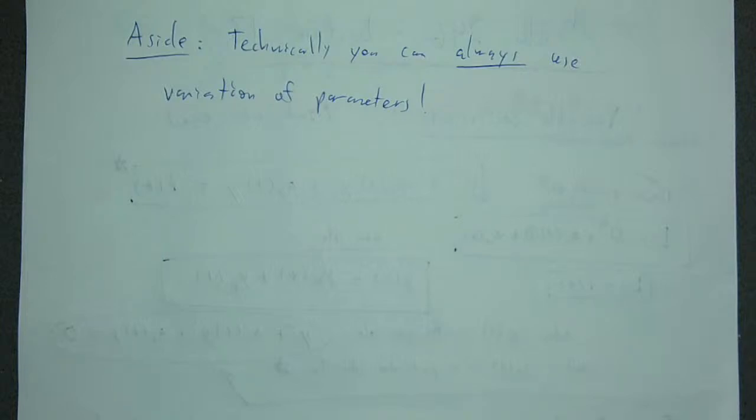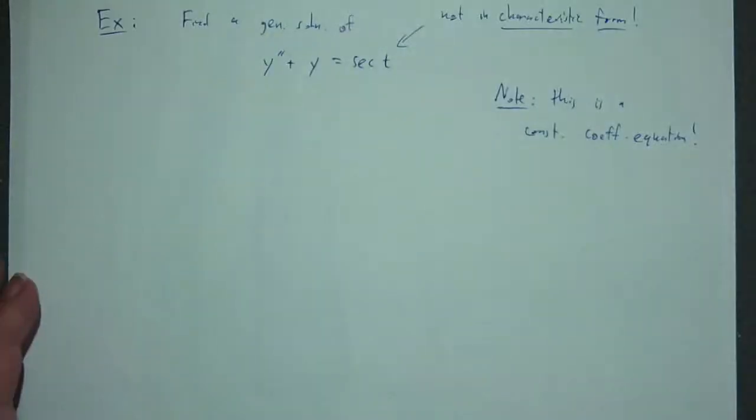It's like if you see how something factors, clearly that's better, that's quicker, but the quadratic formula will always work. So even though it might take you longer, it will always work. And of course, for some polynomials, you have to use the quadratic formula, right? There's no other way to find the roots because you can't factor. So it's a bit like that, right? But you can always use variation of parameters. Okay.